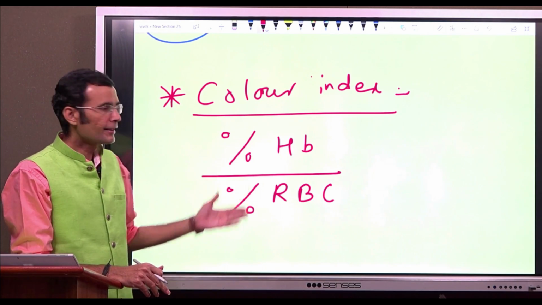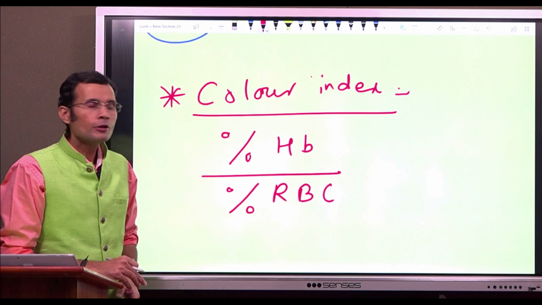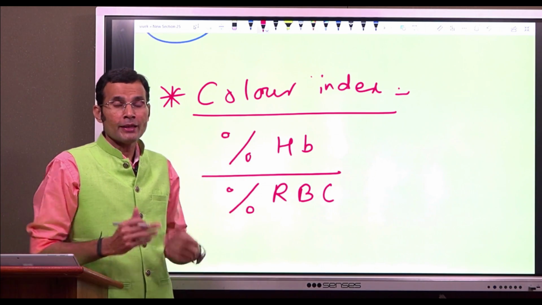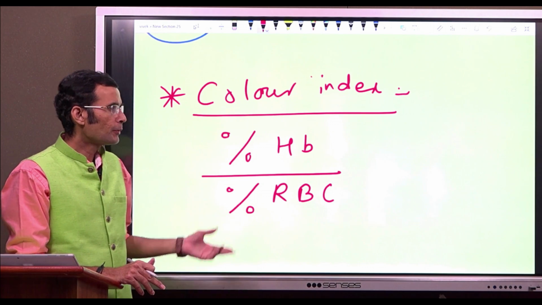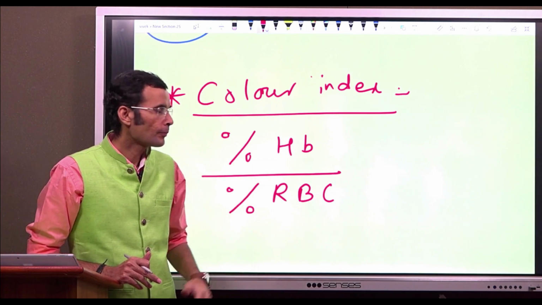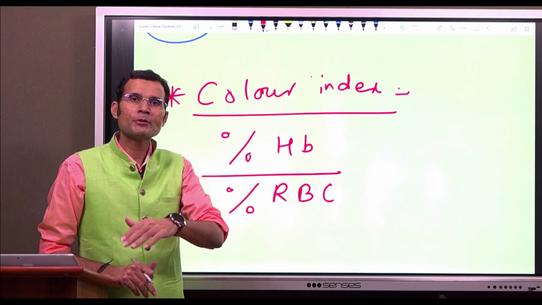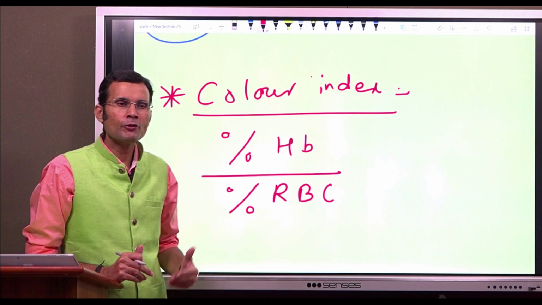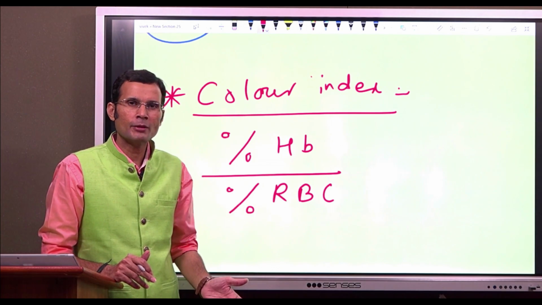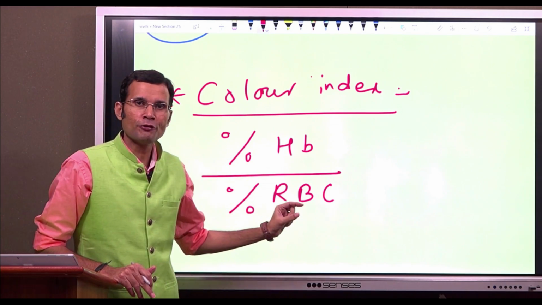What do we mean by percent of RBC and percent of hemoglobin? Look, 14.5 grams percent by Sahli's method is taken to be 100% hemoglobin. So if someone has 11 grams percent or 12 grams percent, we will say the person has 66% or 70% hemoglobin. That's the meaning of percent of hemoglobin.